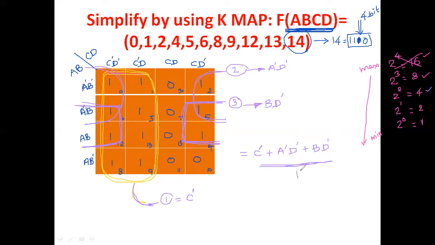Sometimes it may be further reduced by using a Boolean postulate. In this case, how can we take this? Just a minute.